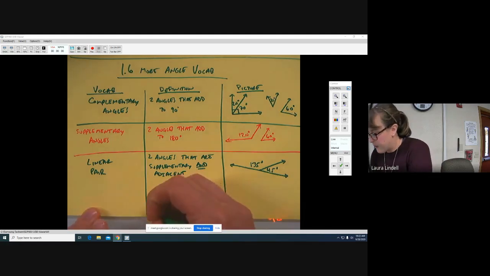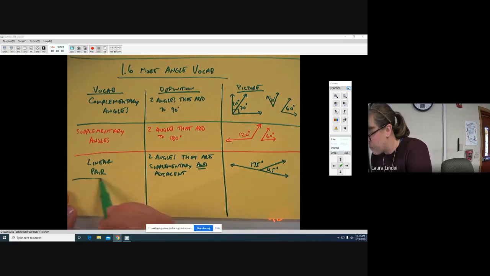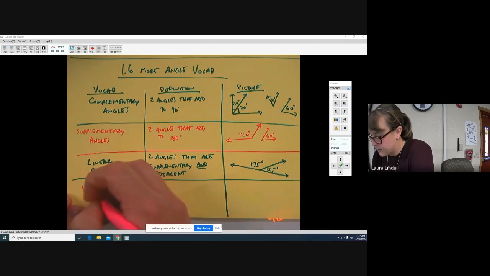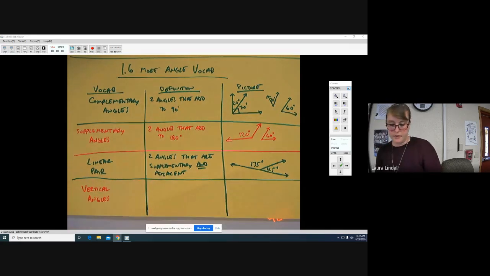Okay. And then the last vocab word for the moment is going to be vertical angles. Okay.